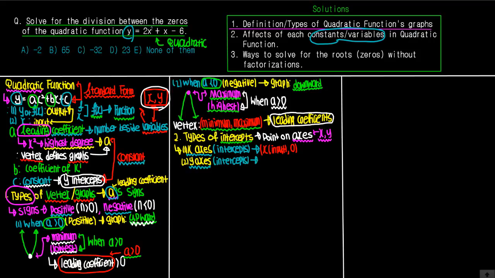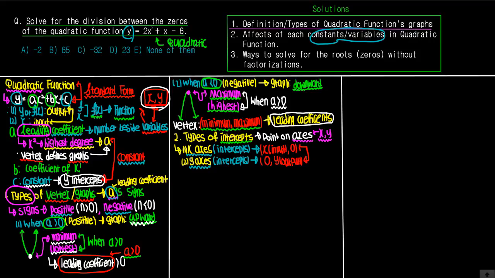Then if we convert this into a specific coordinate of our quadratic function, it will be when the x value, our input, is equal to 0, our y value, which we notate as our output, the f of x, will exist. These are the types of intercepts that we need to talk about in order to solve this question.